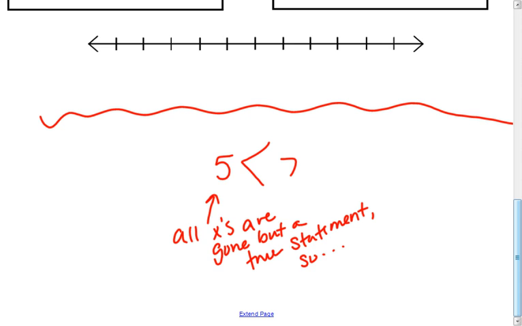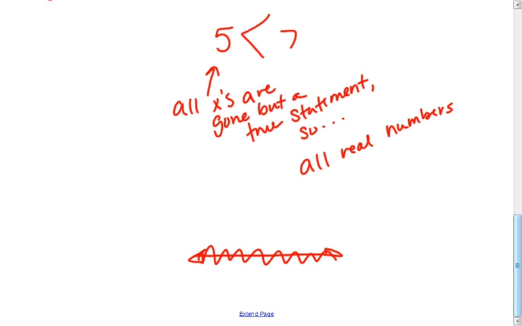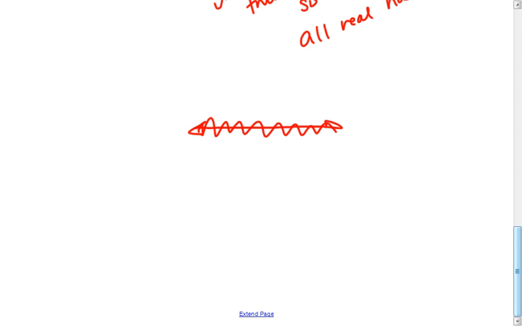So your answer here is actually all real numbers. Okay, that means if you were to shade on a number line, you would shade every single spot there is. Okay? And I would write this stuff down, by the way, you guys. All x's are gone, but it's a true statement, so your answer is all real numbers.